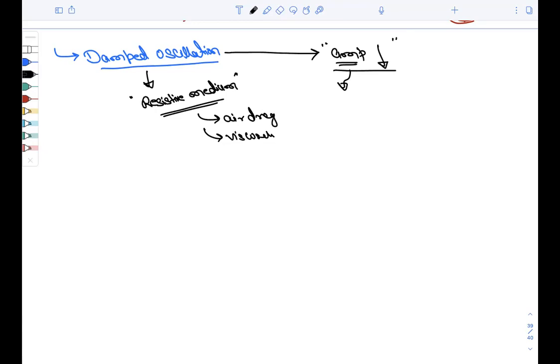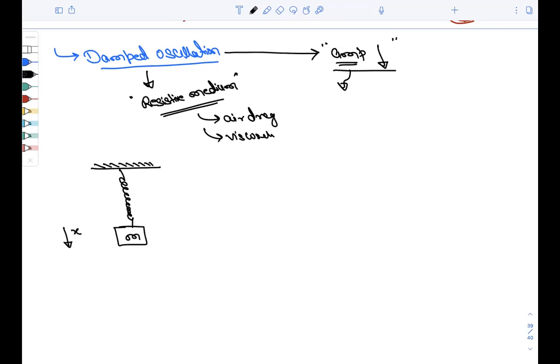Now, let us take a system. Always write, let's take a spring mass system, mass M, which is oscillating in this direction. Let's take this direction as X only.